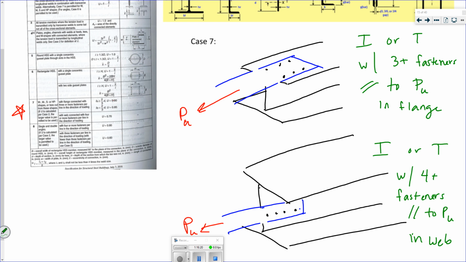This just means you don't have to use that equation 1 minus x bar over L if you don't want to. You can just use these numbers. You can go back and use case 2, and if you get a higher number for case 2, like if you get 0.92 instead of the 0.9 for your flange connected with 3 or more fasteners, you can use 0.92 if you'd like.